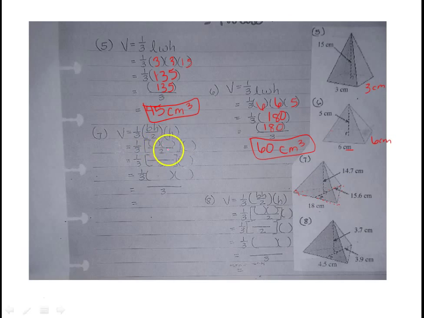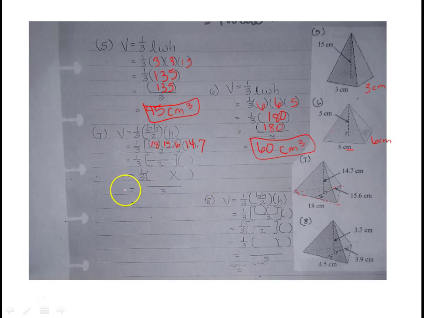All right, so the base of this triangle is 18 centimeters. The height of the base of this triangle is 15.6. And the height of this entire pyramid is 14.7. So it's just all about knowing where to plug in your values, and you should be fine. If you ever see a triangle, just know you're about to have to divide by 2 as well.